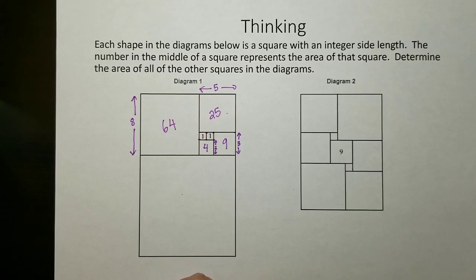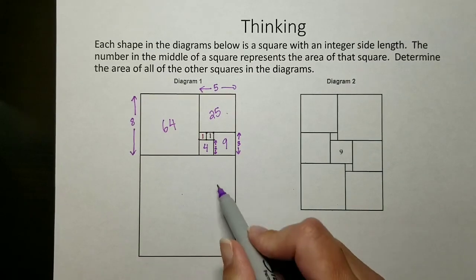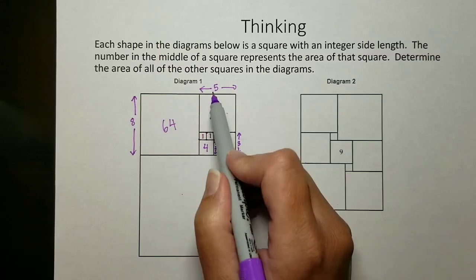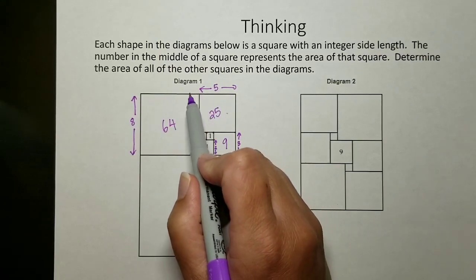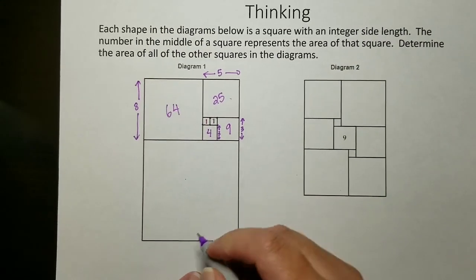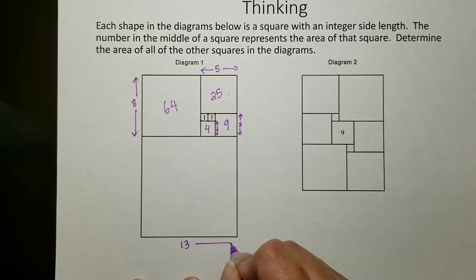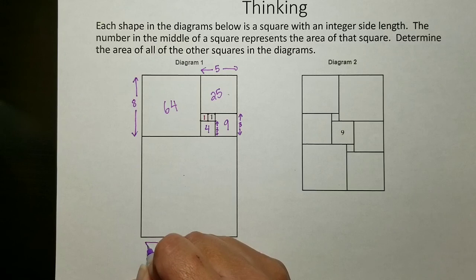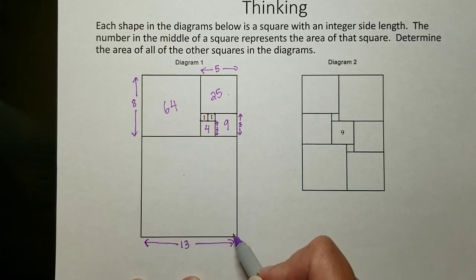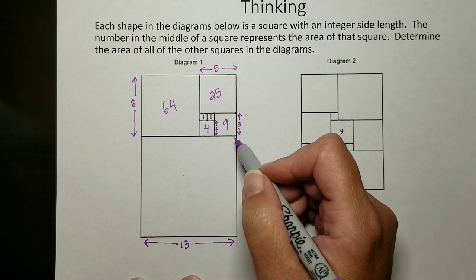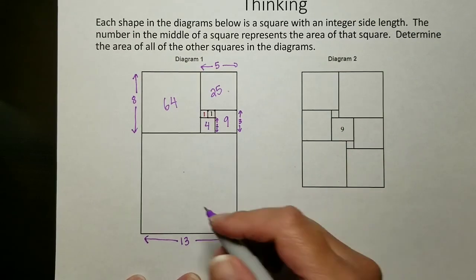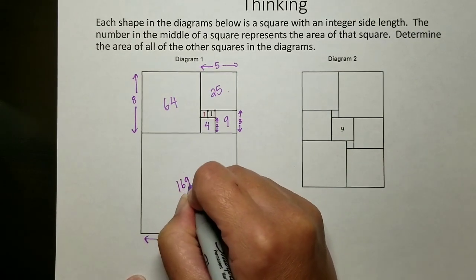The last one, this really big one in the bottom, we see that this part's 5 and we know that part's 8. So I think we can see here that this would be 13, 8 and 5 all the way across there. So 13 across times 13 across, this area here would be 169.